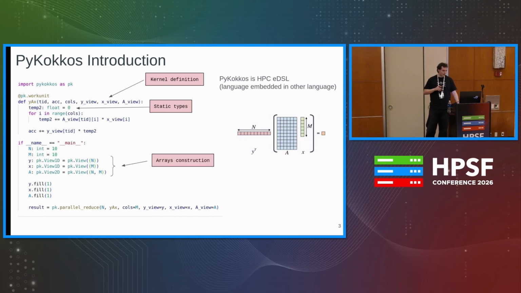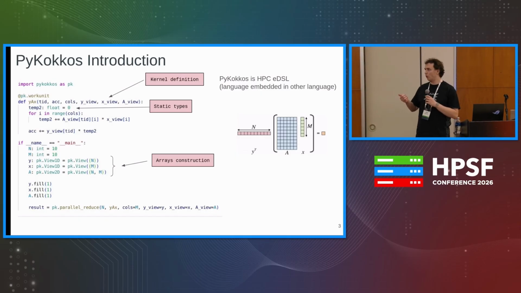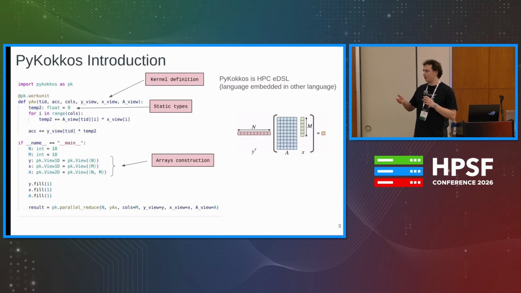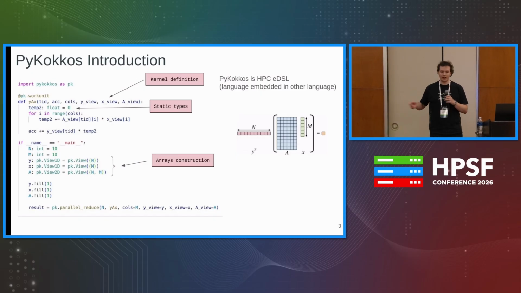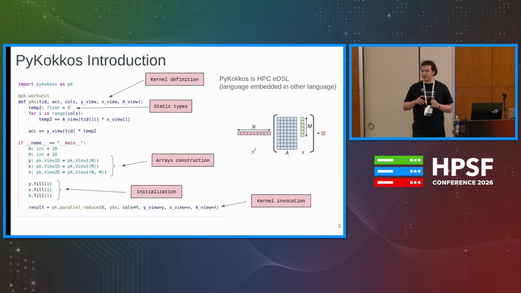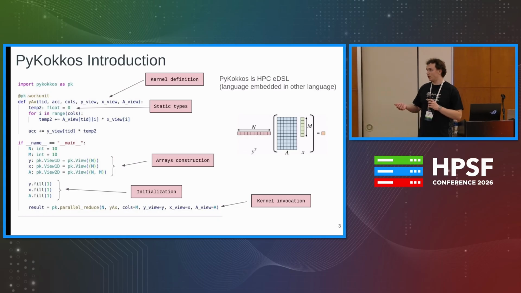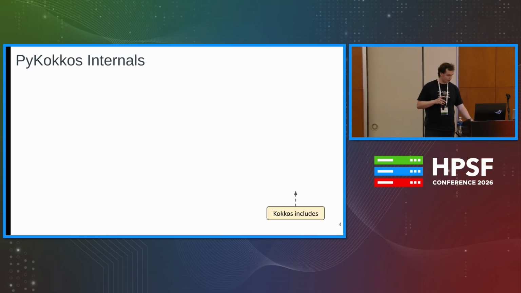And of course, we need some data that we would be able to manipulate. So we allow you to construct arrays that are performant and portable. You would be able to modify them both from the host and from the device. And eventually, you would be able to invoke these kernels, pass some data structures, and use some device-type operations.